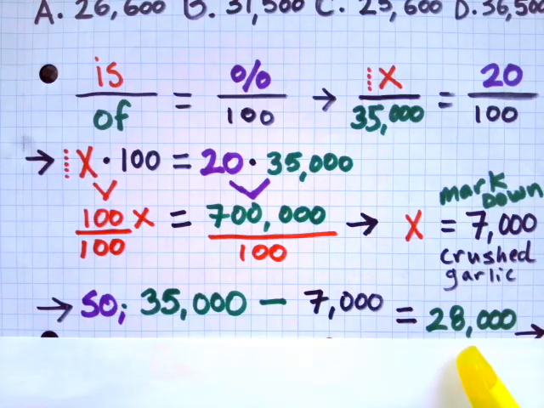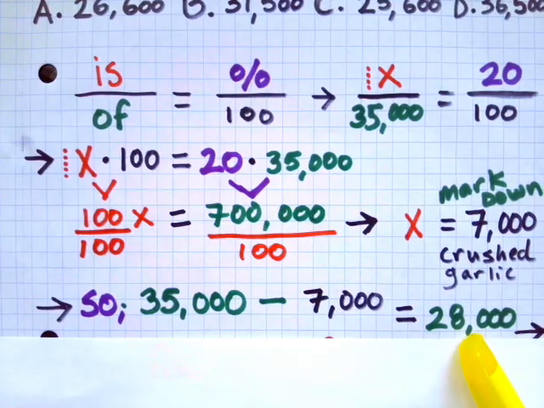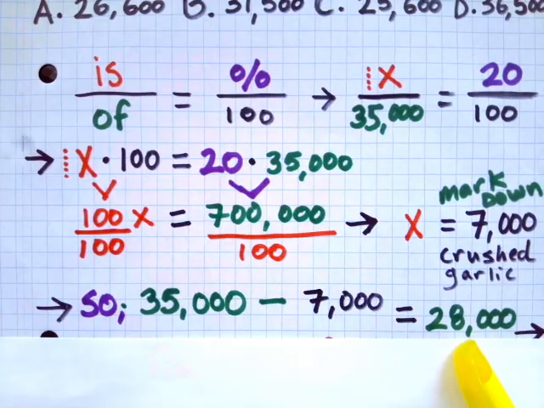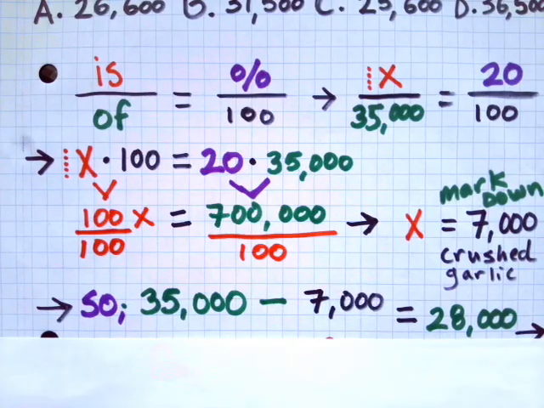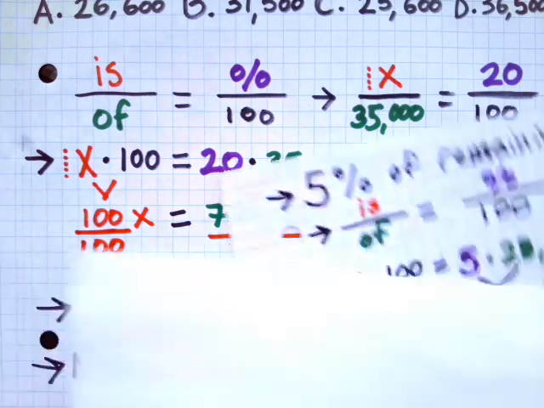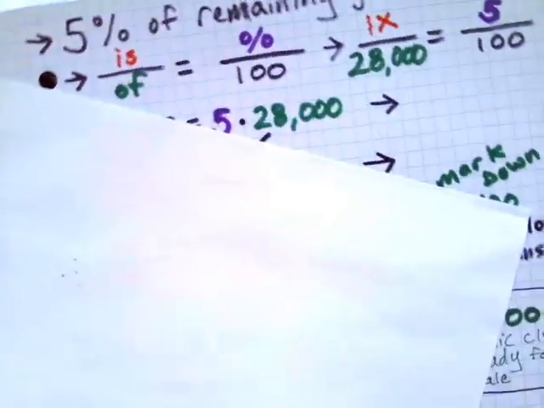And in the question, it's asking 5% of the remaining, so this 28,000 is the remaining garlic cloves. 5% of this amount here was lost during transit. So now we got to find out what 5% of 28,000 is. And that is what we're going to do here in this next portion.